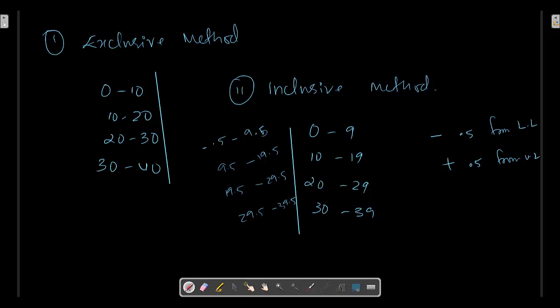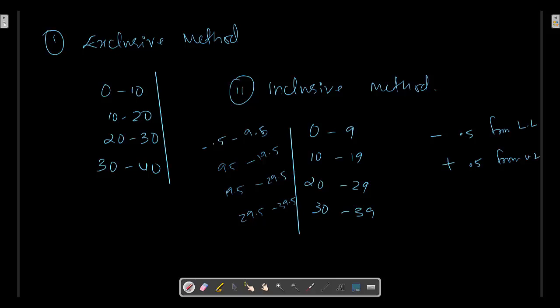So let's start with the solution. I'm going to show you one question, that is question number 1. It is talking about discrete frequency distribution. So we will first solve question number 1, that is, construct a discrete frequency distribution for the above data.